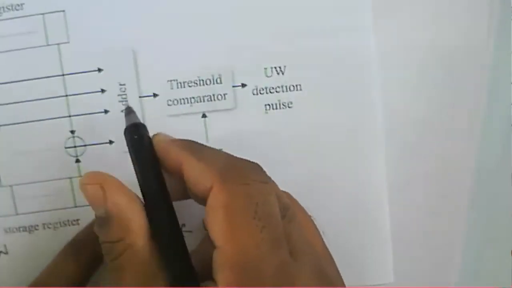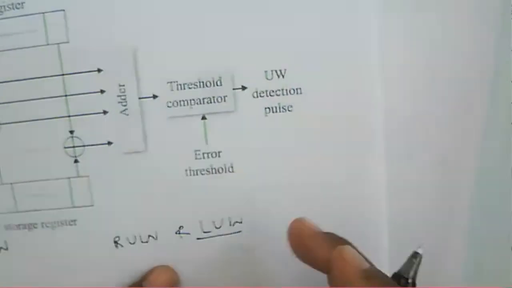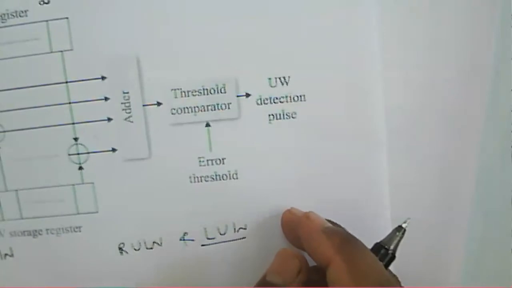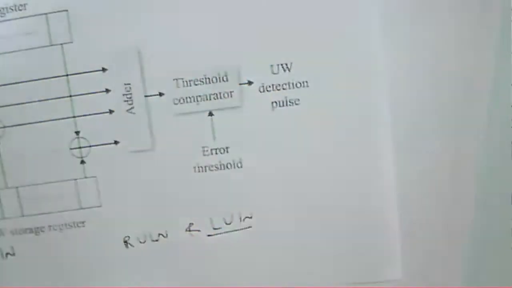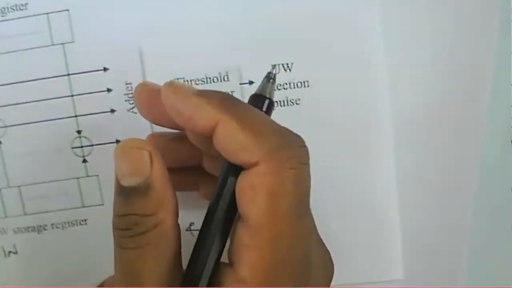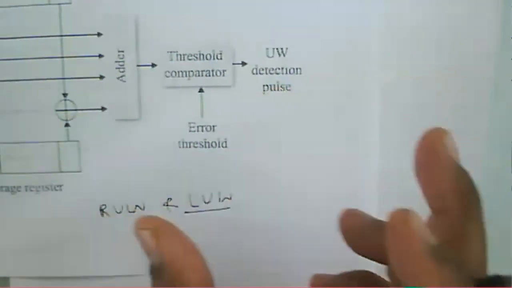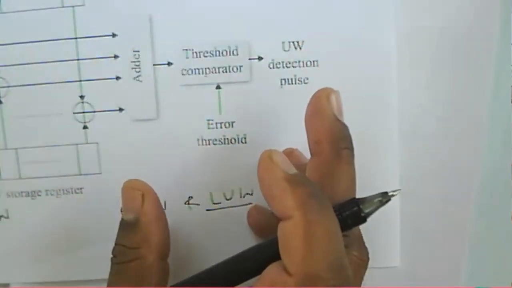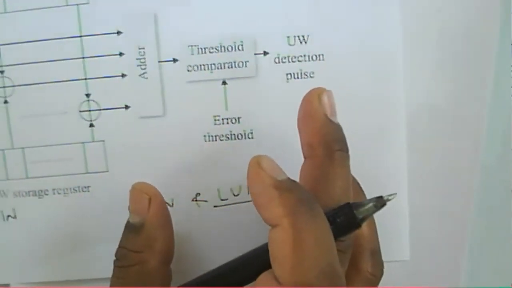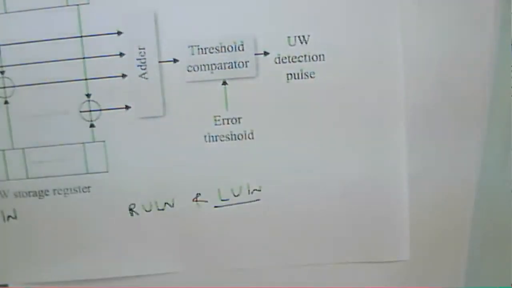So next we can say there is an LUW pulse, and the RUW and LUW pulses will be used in that particular TDMA frame, allocated in that particular frame, and the pulse is generated.